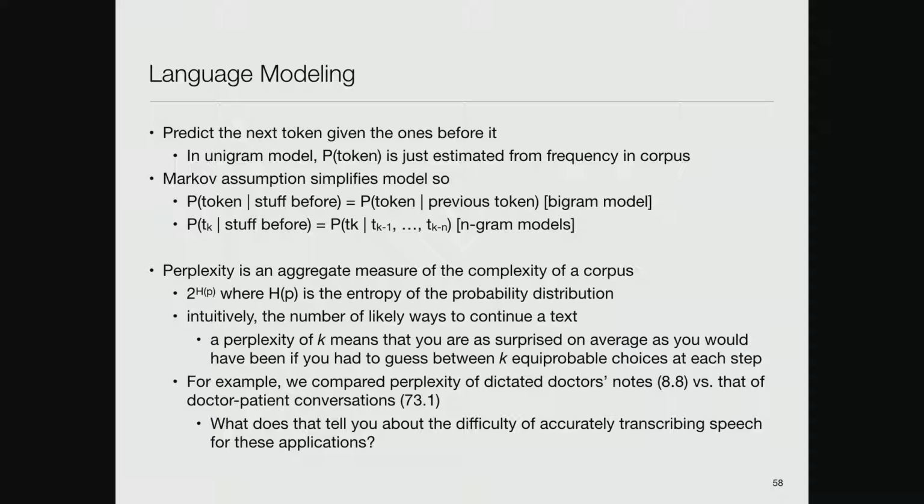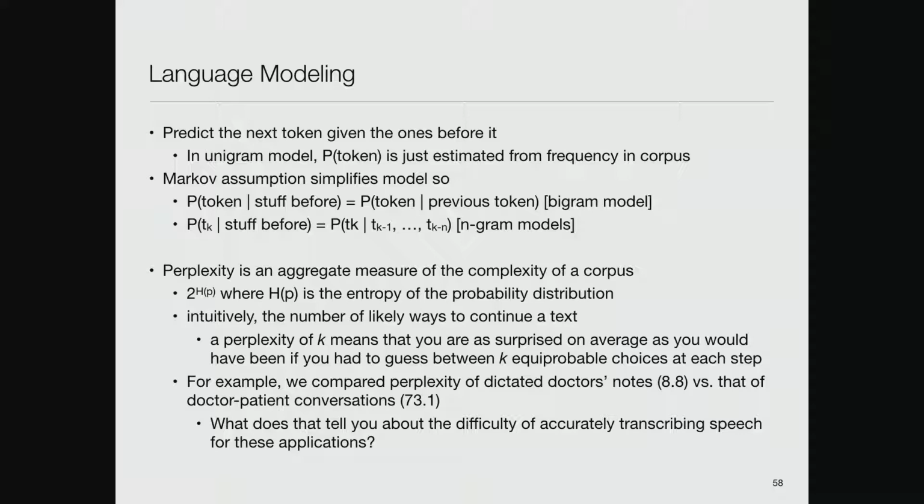We did a study where we were trying to build a speech system that understood a conversation between a doctor and a patient. And we ran into real problems because we were using software that had been developed to interpret dictation by doctors. And that was very well trained, but it turned out, we didn't know this when we started, that the language that doctors use in dictating the medical notes is pretty straightforward, pretty simple. And so its perplexity is about 9.